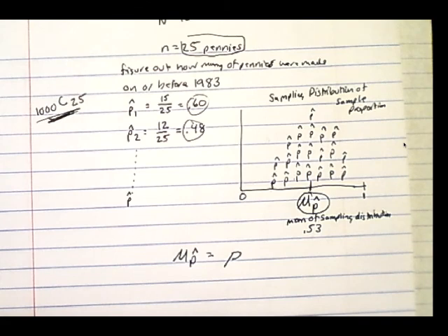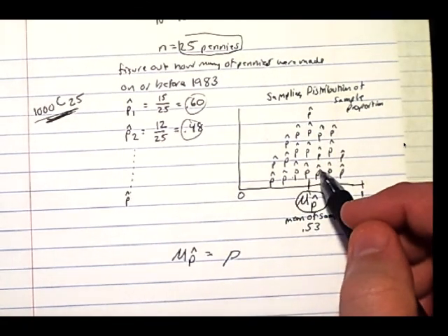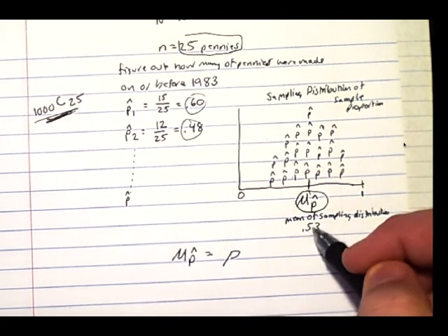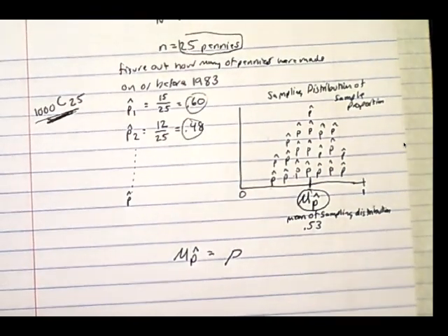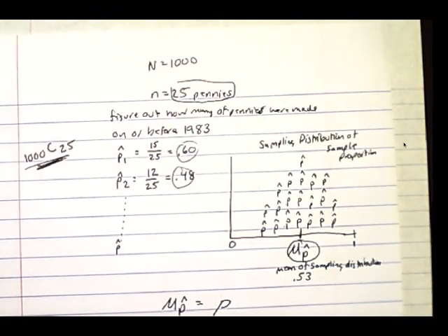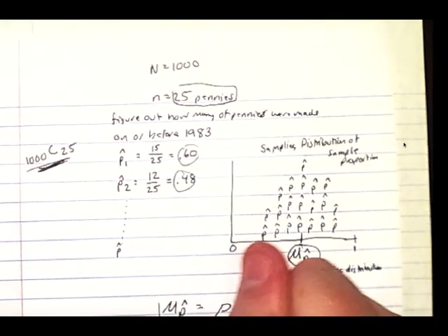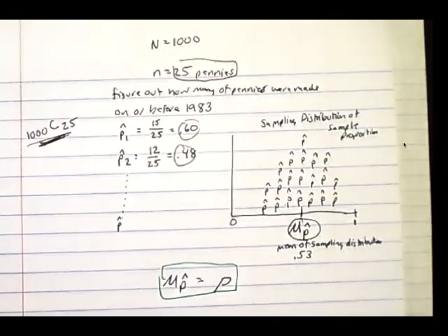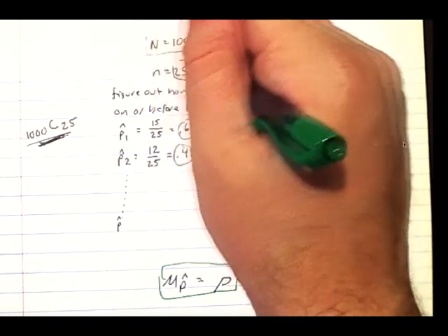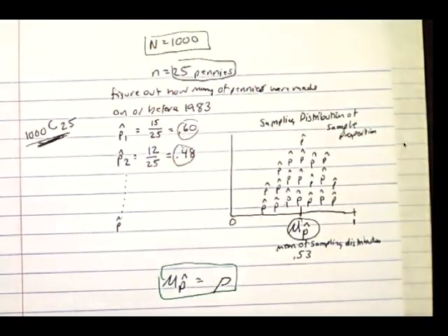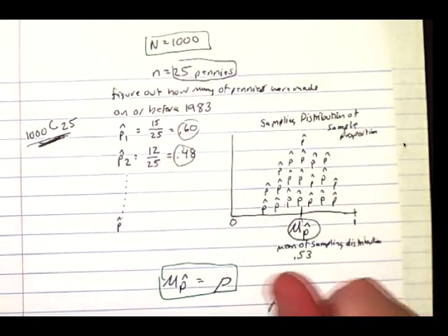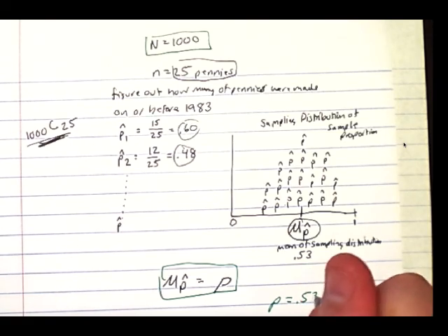You added them all together, and you find out that the mean is 0.53. Well, out of these 1,000 pennies, since this has been proven to be true, it also turns out that rho would equal 0.53.